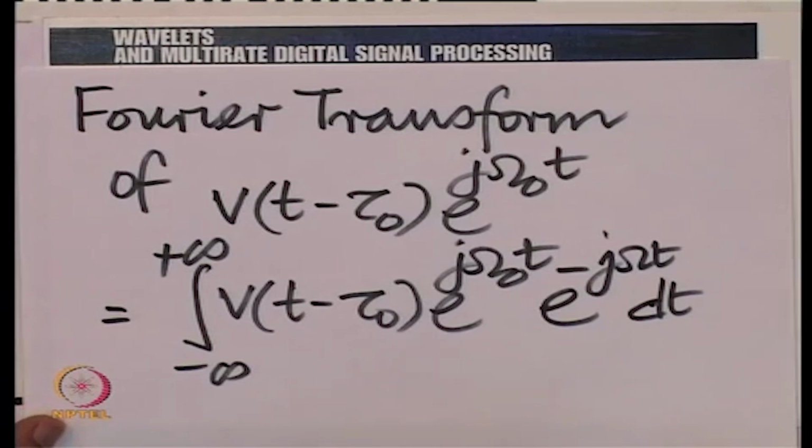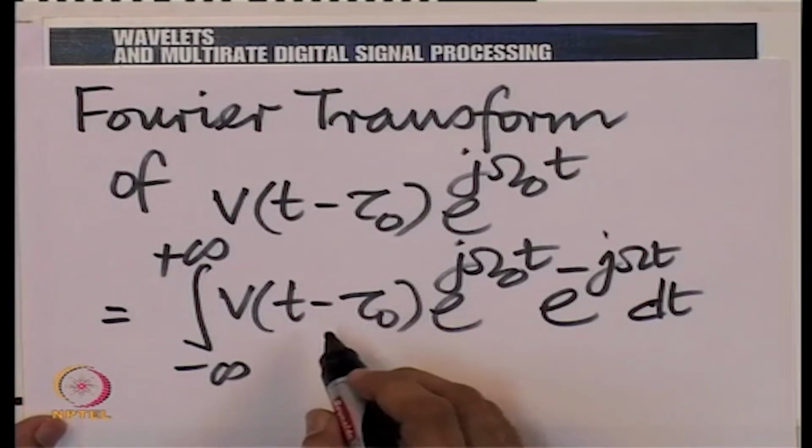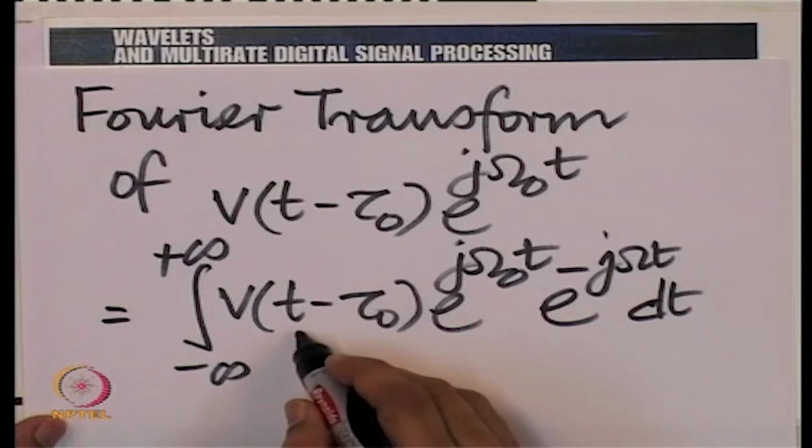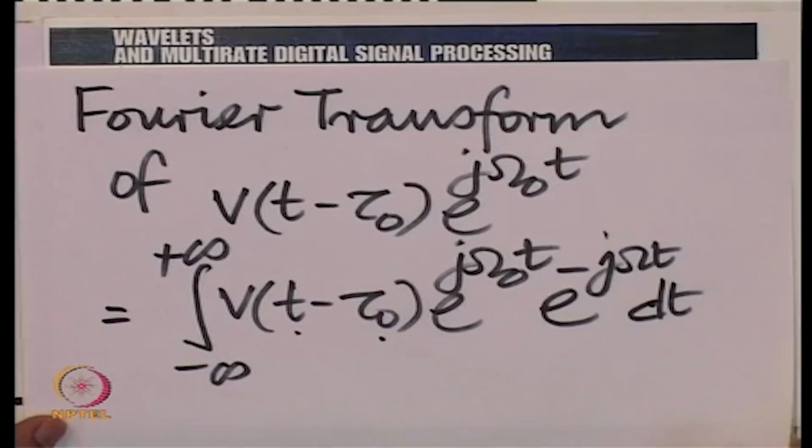Now, let us simplify this. Of course, we employ the standard process of replacement of argument. So, let us replace the argument t minus tau naught by lambda.